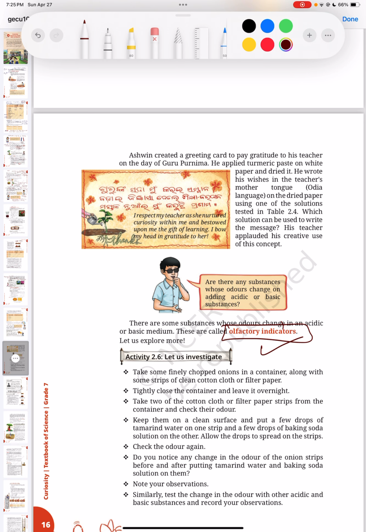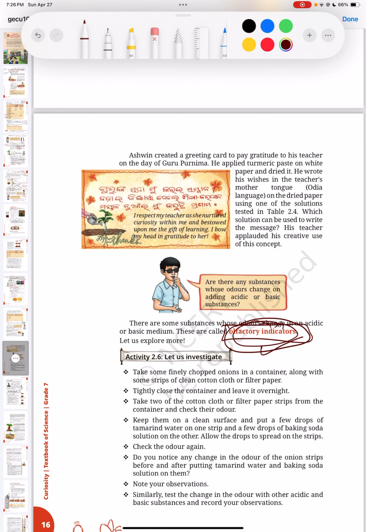Remember that your taste is also somewhat of an indicator, right? If it is sour, then very likely it is acidic. If it is bitter, it's very likely a base. But can you use this method widely? No, because many of these substances tend to be poisonous or even deadly to you. That is why you should avoid using your tongue as an indicator. But olfactory indicators seem to be a bit better.